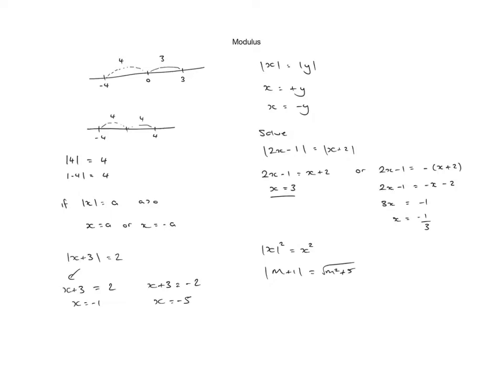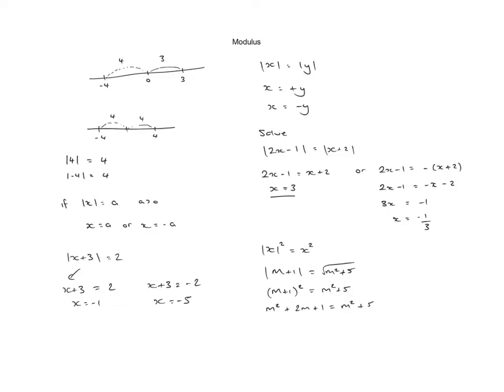So here, what we're going to do is we're going to square both sides. We mainly do this to get rid of the root, to be honest. And we're going to get m plus 1 all squared is equal to m squared plus 5. Okay, get the bracket out. We get m squared plus 2m plus 1 is equal to m squared plus 5.